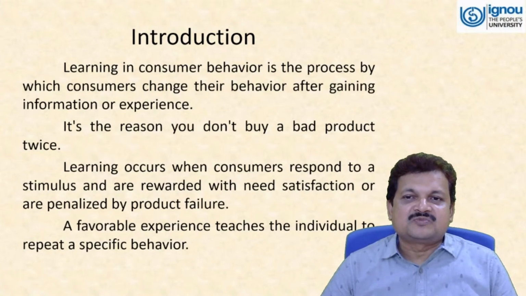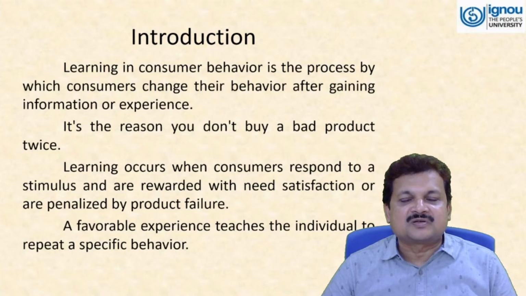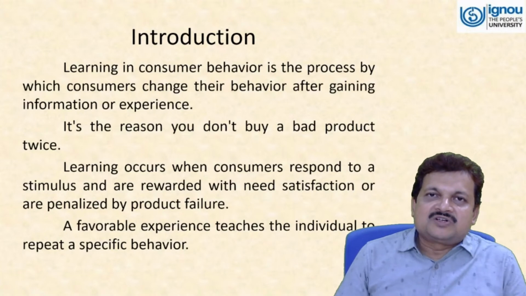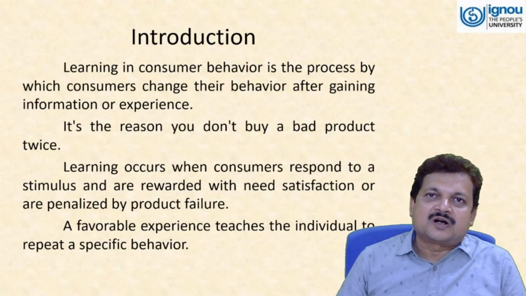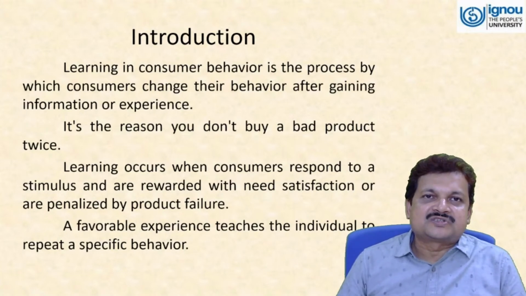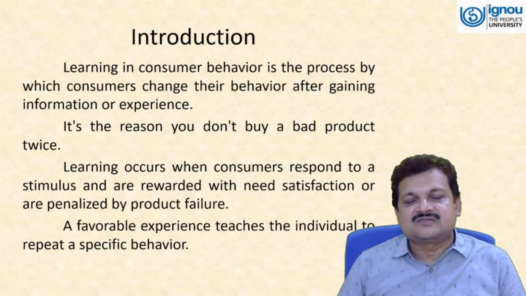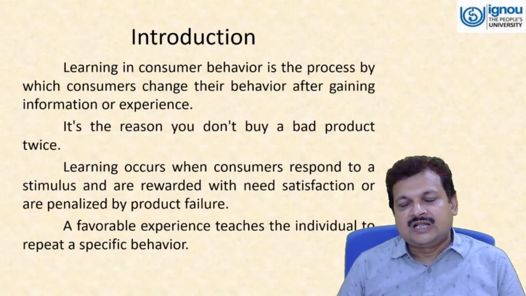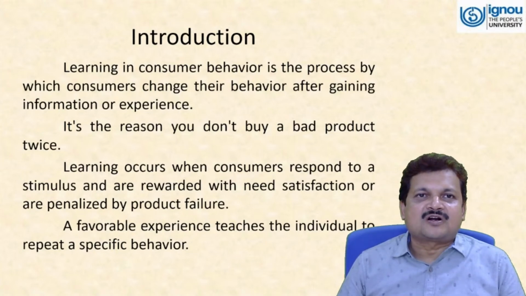Learning occurs when consumers respond to a stimulus and are rewarded with need satisfaction, or are penalized by product failure. Very often when we are anxious about a new product, if we get the advantage and are satisfied, we say it is rewarded. But sometimes the product fails.